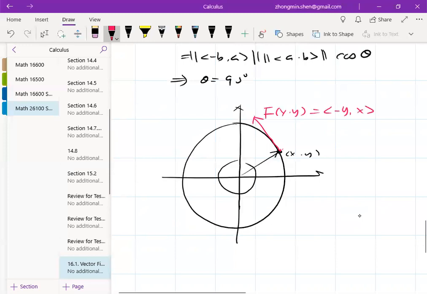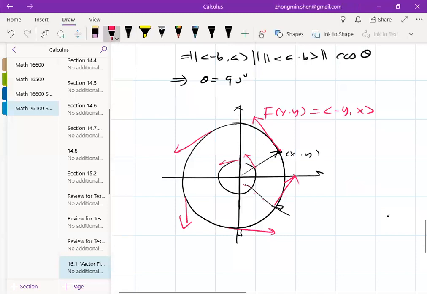Okay, so now you rotate along the circle, and the vectors have the same length. They're all perpendicular to the so-called radial vector. Perpendicular. This is at 90 degrees. Then if the circle is smaller, the vector is shorter.